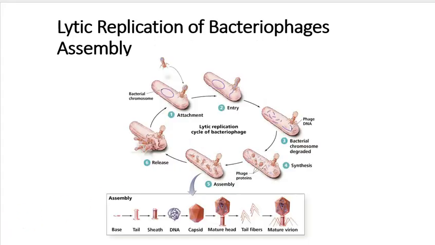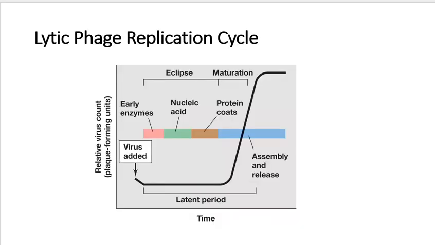You can see in this assembly, it's got to make all these different parts until you get everything that that virion needs to be released. Typically, in a lytic cycle for bacteria, it doesn't take too long. You can see early enzymes are made, the nucleic acid is ready, the protein coat is made, and then the assembly and release, and boom, you're done.